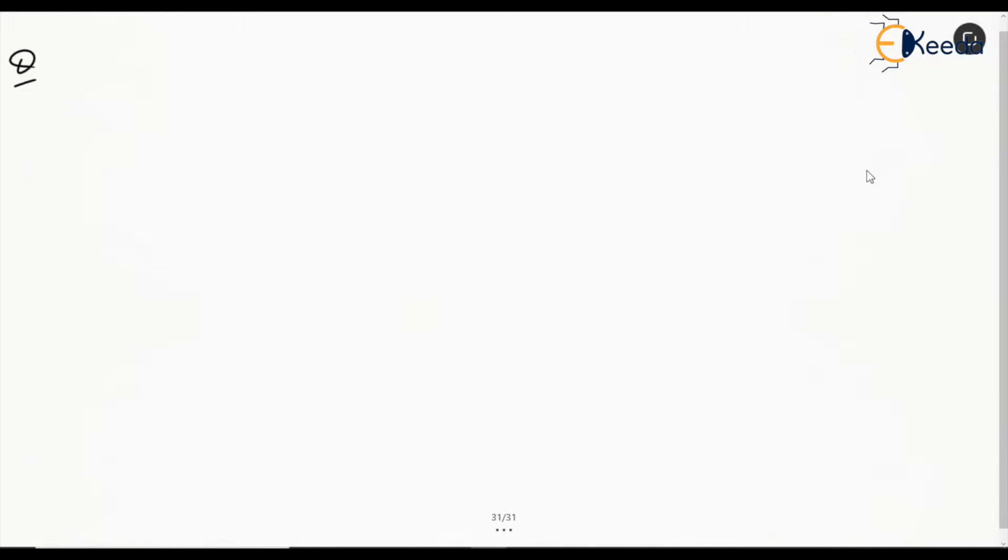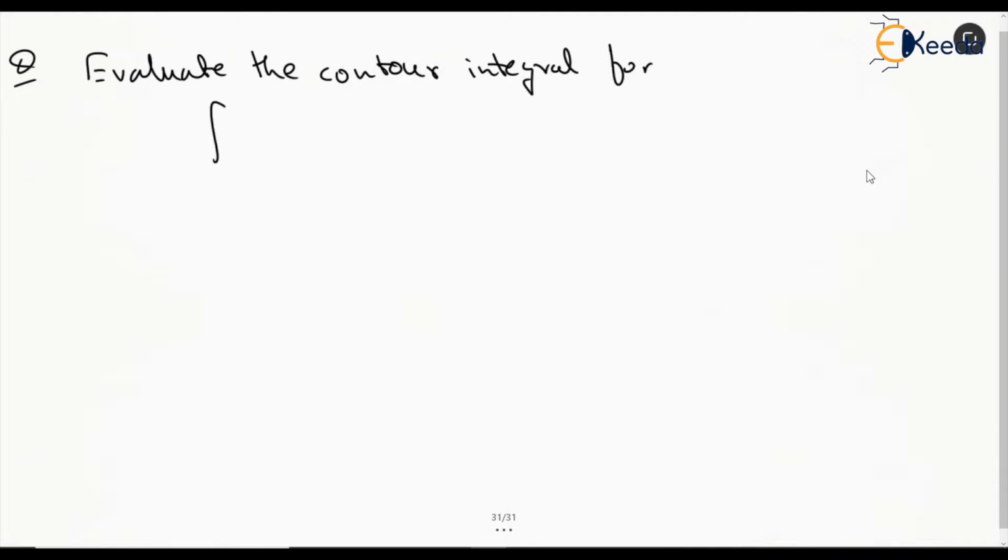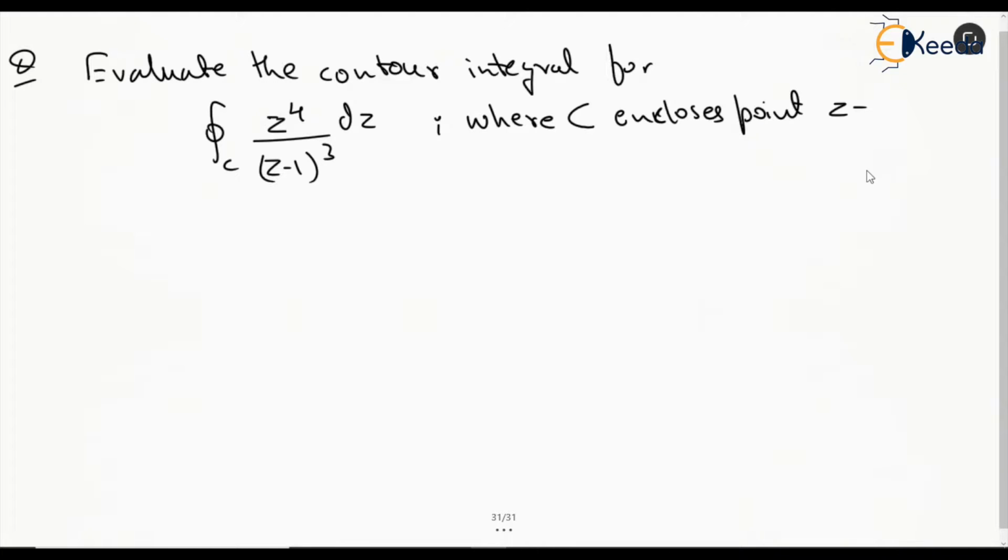So it says, evaluate the contour integral for z to the power 4 by (z minus 1) cube dz, where C encloses the point z equal to 1.